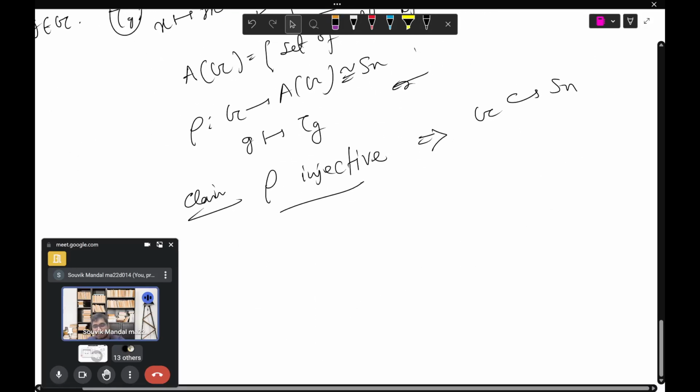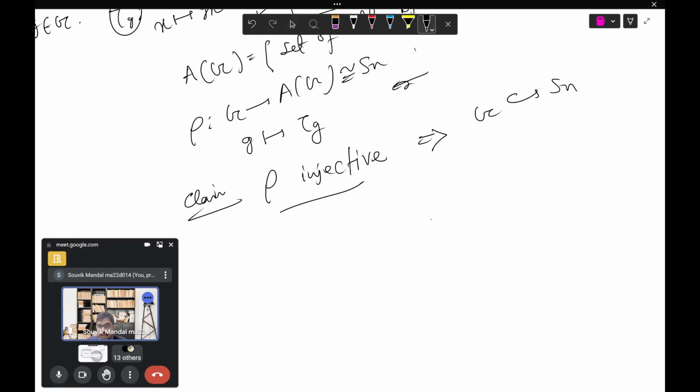So let me show how to prove injectivity. Suppose rho g is equal to tau e, the identity. This implies tau g is equal to tau e.